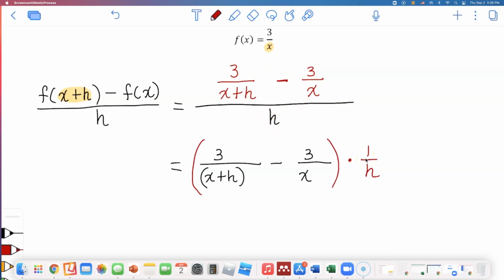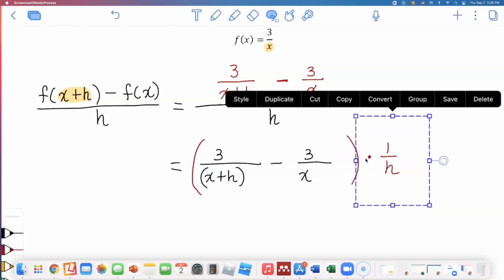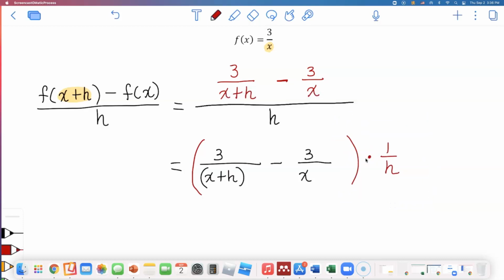On the same line, let me go ahead and put some common denominators here. Notice the first fraction has x plus h, so I'm going to put x plus h in the second fraction too. Multiply the top and bottom by x plus h. Now they look somewhat similar. The second fraction had x in the bottom, so that's what I want to put on the first fraction.